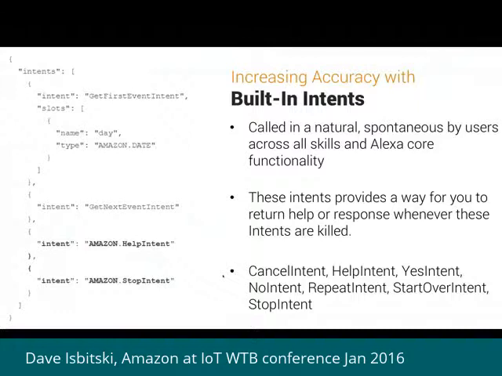So you don't need to do anything other than defining that intent, like you can see over on the left, and say help intent. And then we'll pass that as an actual intent in that request to you. And then you can decide how to do help and how to return. So this is a way so that your skill will work just like the core functionality of Alexa that customers are used to.